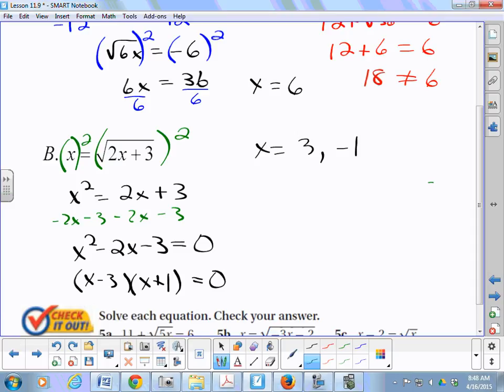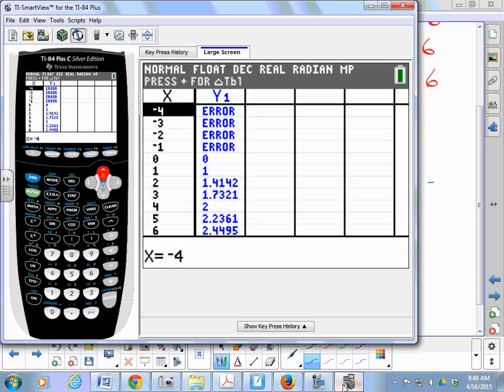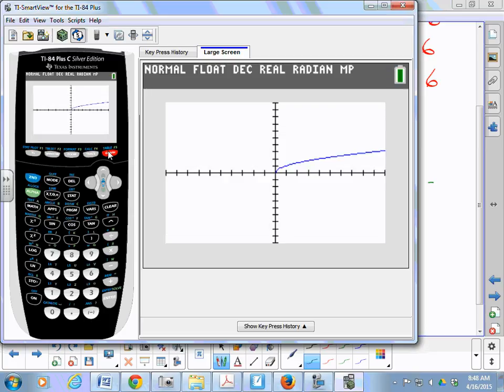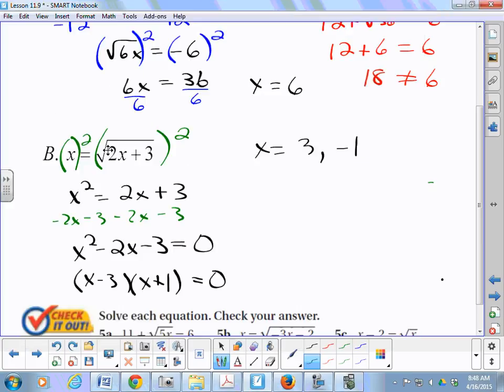But we need to check our solutions. Now, let's go back here again. Look at my graph. How many negative answers do you see for y? Absolutely none. How many x values do you see here that are negative? Absolutely none. So if I put negative 1 in here for x, can that be possible?